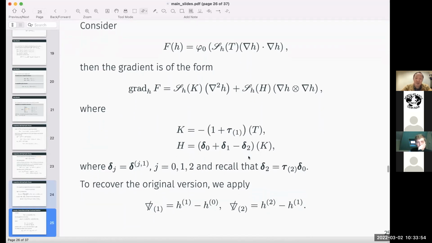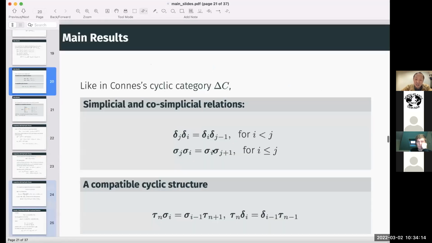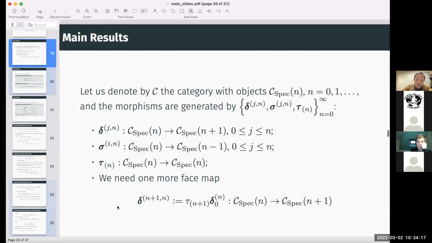The new interpretation is that there is an actual face map introduced. This delta 2 cannot be seen in this differentiation; it is the one more face map that we have to introduce by making use of the cyclic operator tau.